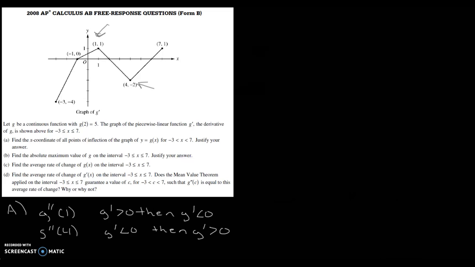Okay, so now part B says find the absolute maximum of g on the closed interval -3 to 7. Okay, so now we're definitely going to have to use endpoints. So now, if we find g of -3, that's going to equal 5 plus the integral from 2 to -3 of g prime of x dx.